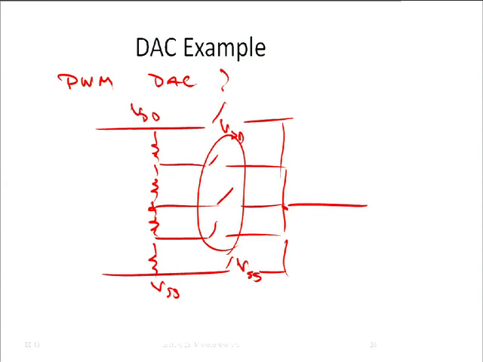I guess the only bad thing is if you want an 8-bit digital to analog converter, how many resistors and switches would you need? Well, 2 to the 8, or 256. 256 or 255. Okay? Because you want to be able to generate 2 to the 8 different analog voltages, so you need that many switches and that many resistors.